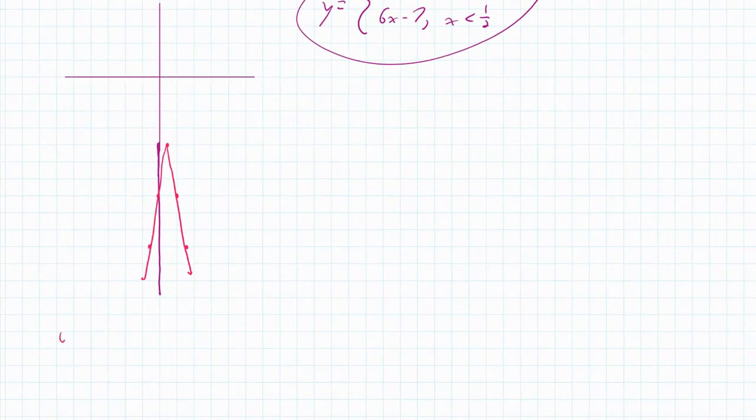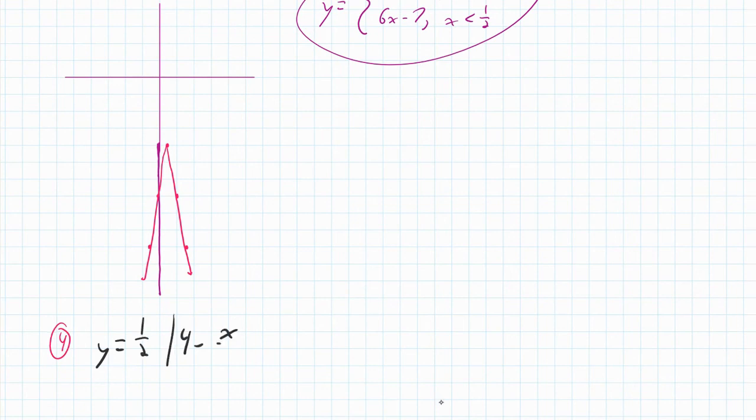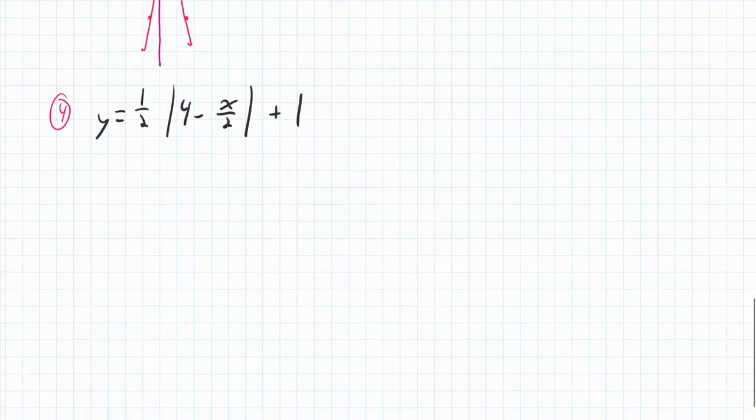Ooh, let's do one more. y equals 1/2 absolute value of (4 - x)/2 + 1. I don't like the way that that's shaped and formulated, so I'm going to manipulate it to get it into a better form by making it (-x/2 + 4) + 1.